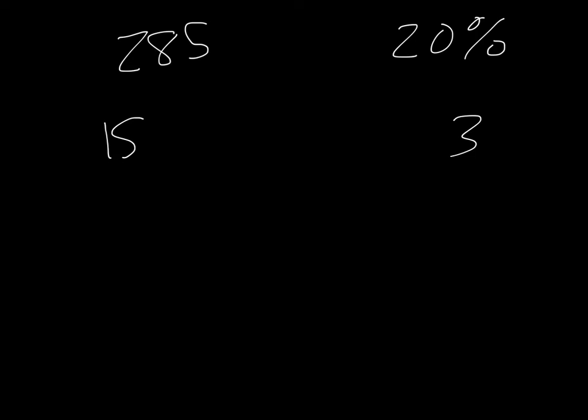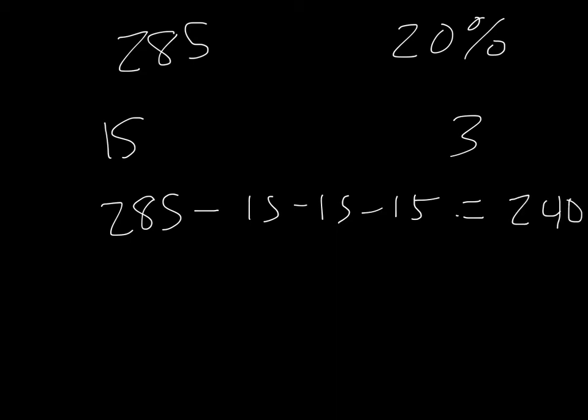Daniel, what were you thinking? I did 285 and I took away the 3 times 15 straight away. So he had 285, and he subtracted 15 three times, and ultimately ended up finding out that it was 240. Now what is that $240?